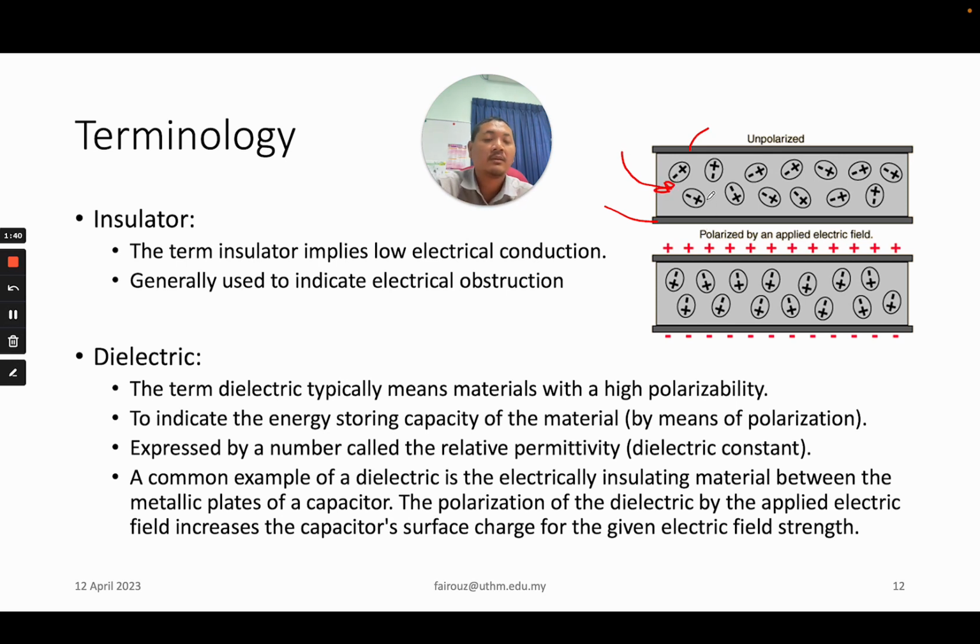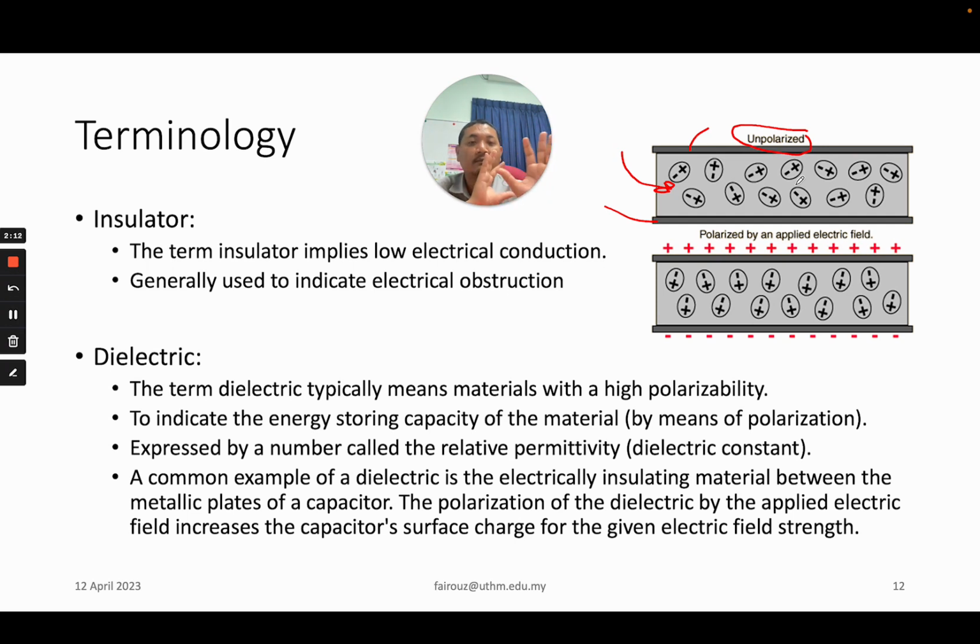So the dielectric material has molecules, and the molecules consist of negative and positive charges. All right. So when the dielectric material is unpolarized, then the charges inside the dielectric material are not aligned.